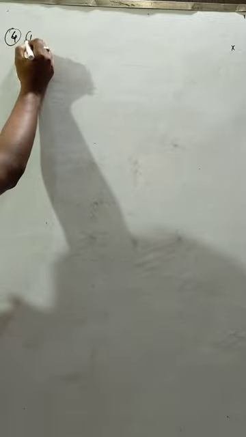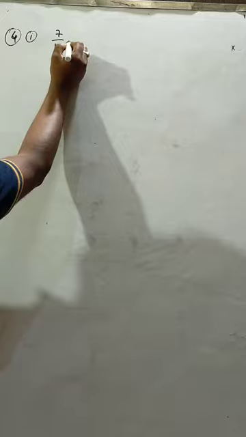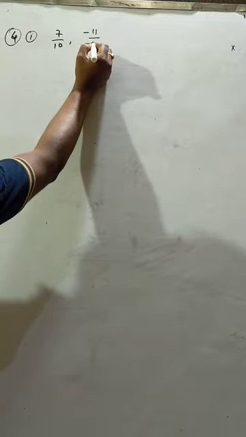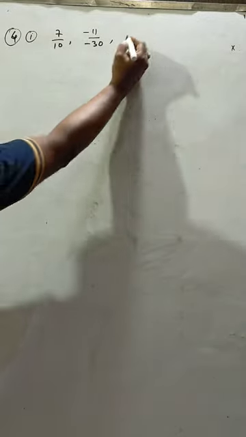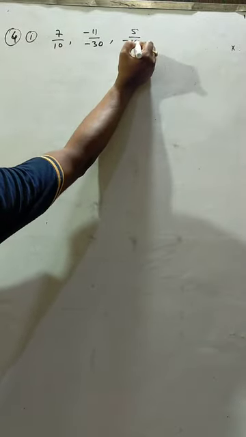Write the question: 7 by 10, comma, minus 11 by minus 30, and 5 by minus 15.